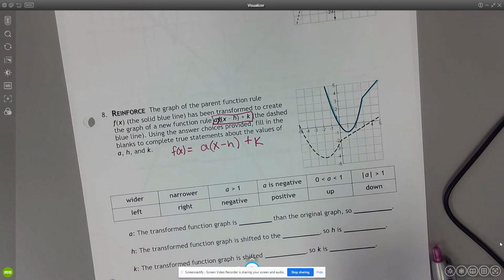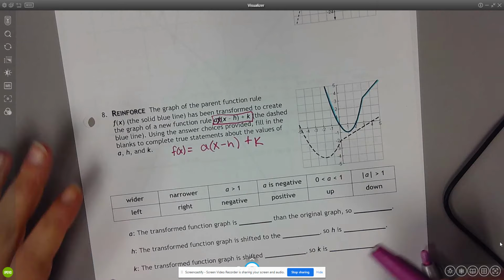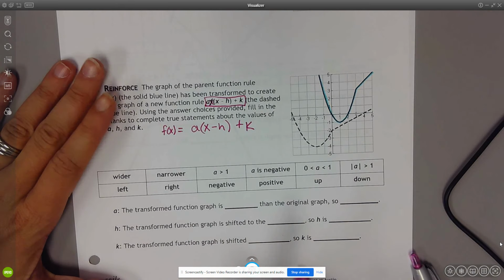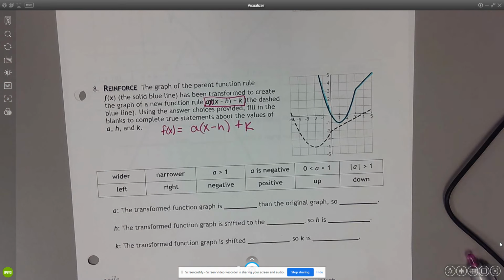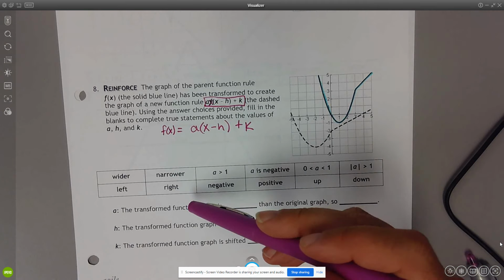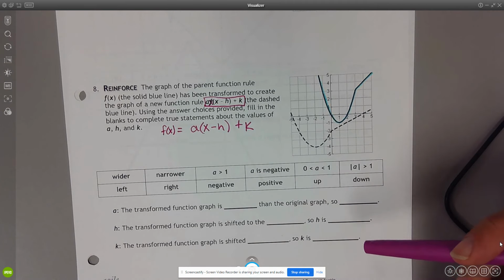Okay, so when we look at this, we have some fill in the blanks down here that we need to go through. The first thing, it says the transformed function is blank than the original graph. So it's asking us if it is wider or narrower.